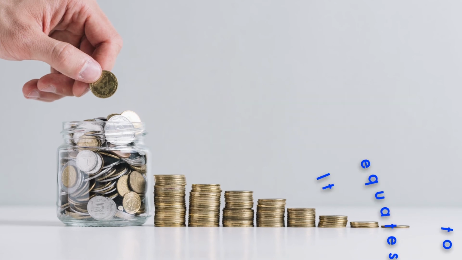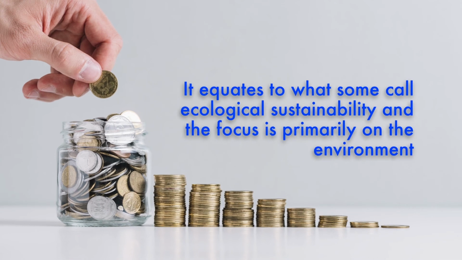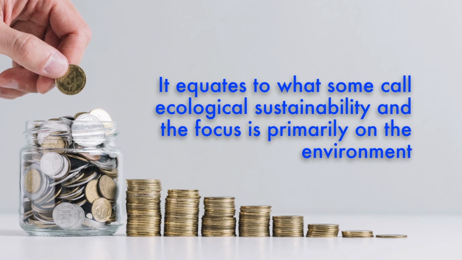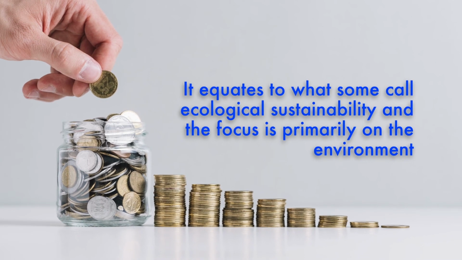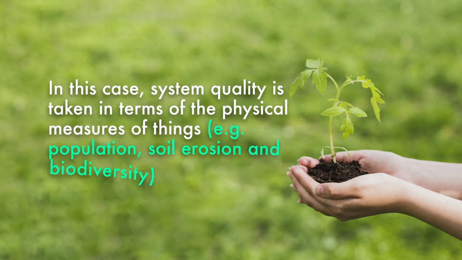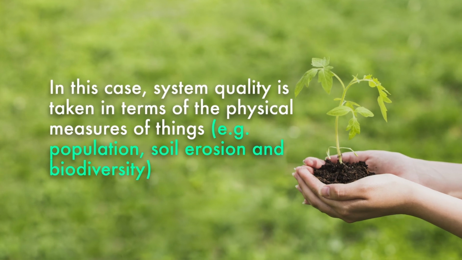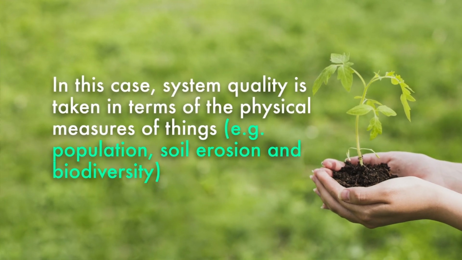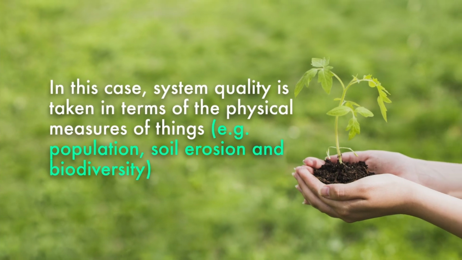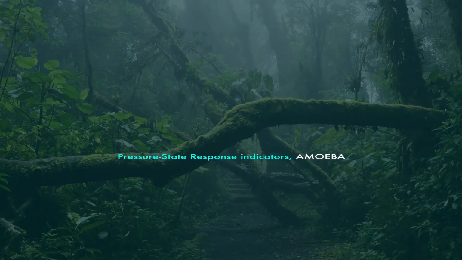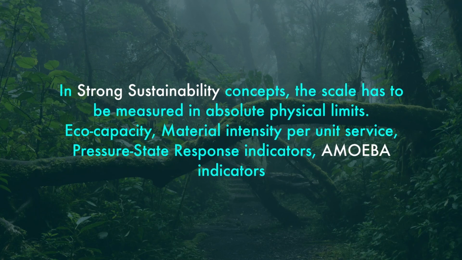It equates to what some call ecological sustainability, and the focus is primarily on the environment. In this case, system quality is taken in terms of the physical measures of things, for example, population, soil erosion, biodiversity. Strong sustainability denies the degree of substitution. The scale has to be measured in absolute physical limits.